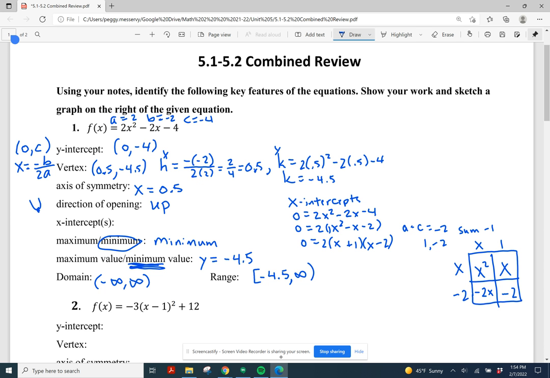The front factor of 2 is never 0, so I really just need to look at when this will equal 0. We get x equals negative 1, x equals positive 2, and our x-intercepts are negative 1, 0, and 2, 0. And finally, it did say sketch a graph, so we're going to sketch a graph over here in this space.